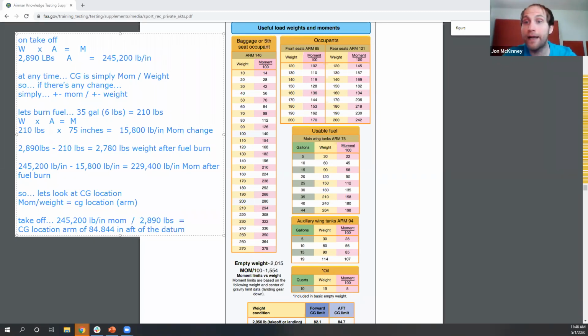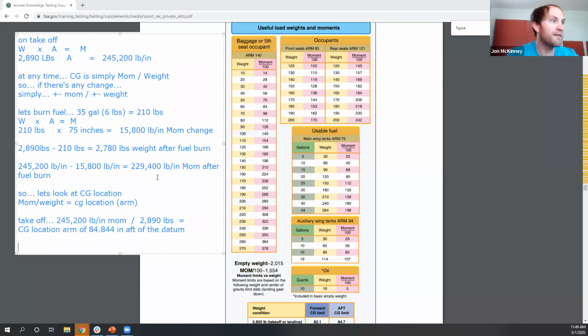If you had done the scale down of the 2 zeros for moment earlier in the problem, then you'd have to rescale the 2 zeros back here during this step. But you'd figure it out because you'd be like 0.00844. You'd have to figure that out, or 0.84. Okay, so that was our center of gravity location on takeoff.